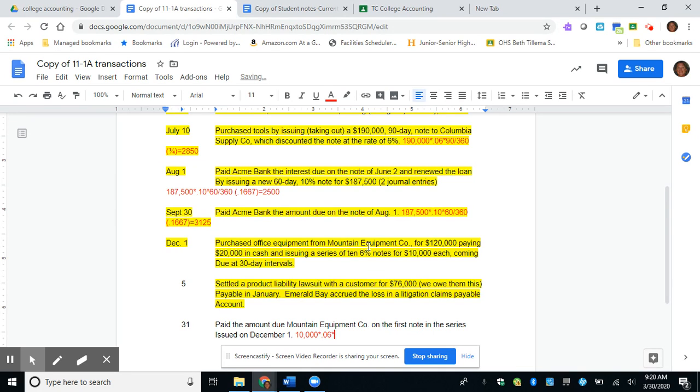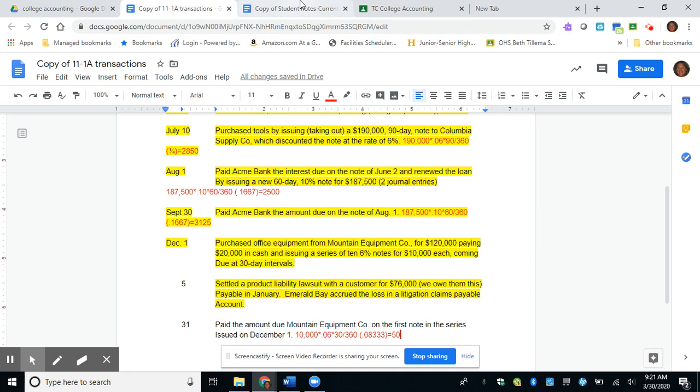And since this first note is due 30 days into the loan, that's 30 divided by 360, which is going to equate to 0.08. And if I multiply this out, the amount that I owe in interest is going to be $50.